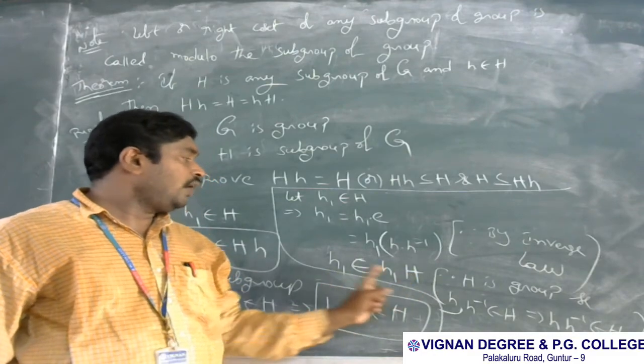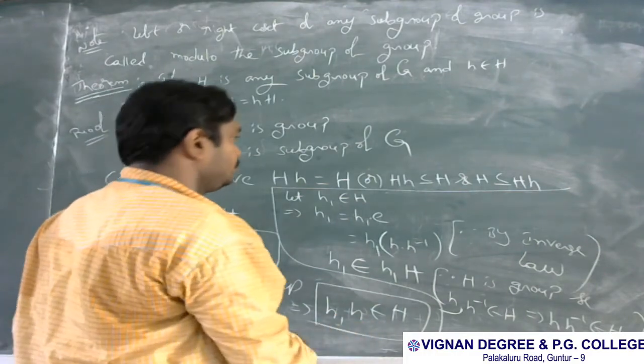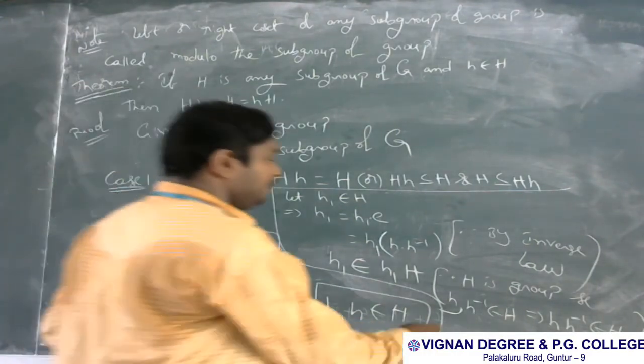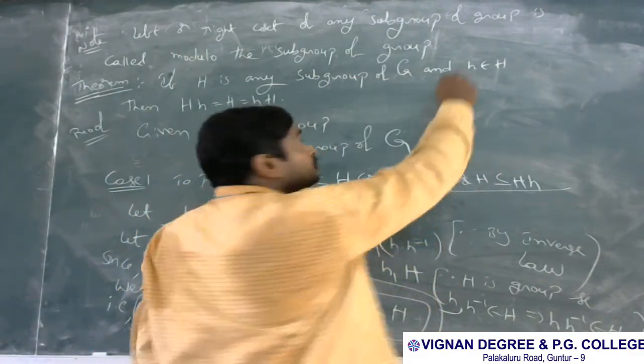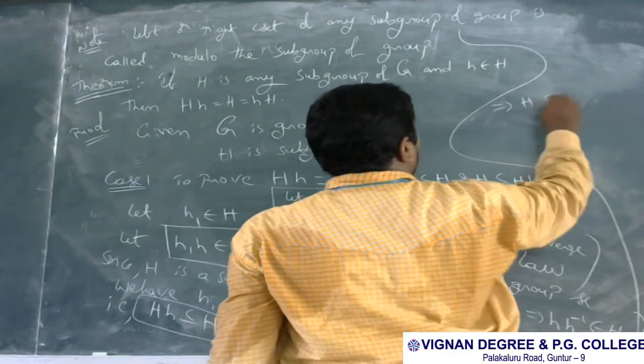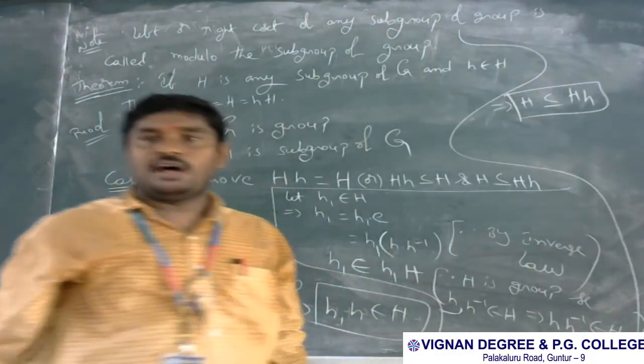Okay, so what you observed? Capital H belongs to capital H into small h, that implies capital H is a subset or equal to capital H into small h.